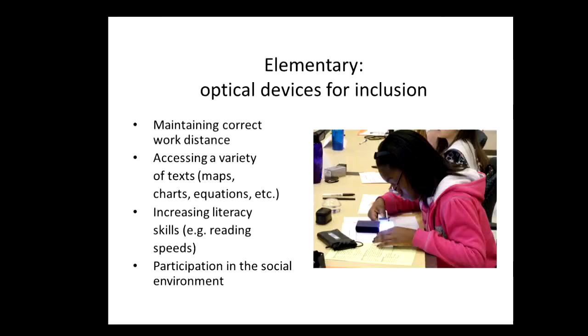The focus for optical device training changes somewhat for the elementary age students because now we're adding academic settings and materials to our training. Optical devices will contribute significantly to inclusion for a student with low vision. Starting as early as kindergarten and certainly in first grade, skills become more sophisticated due to the academic demands on even young students.